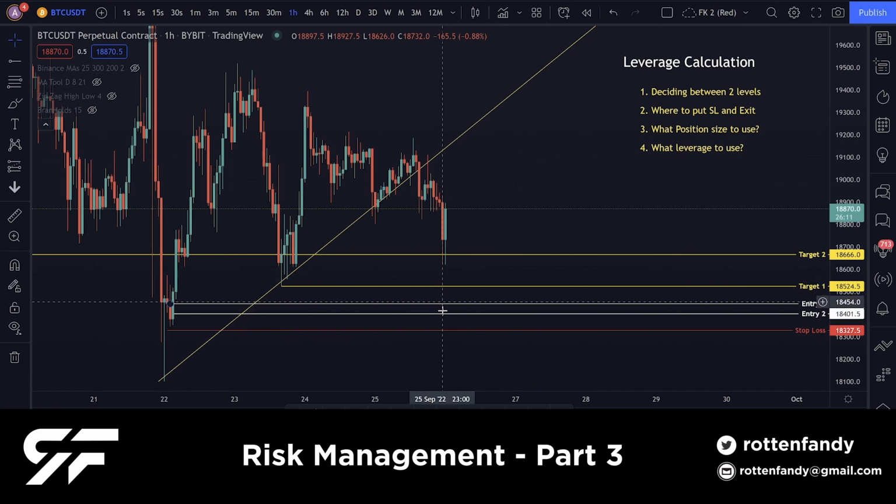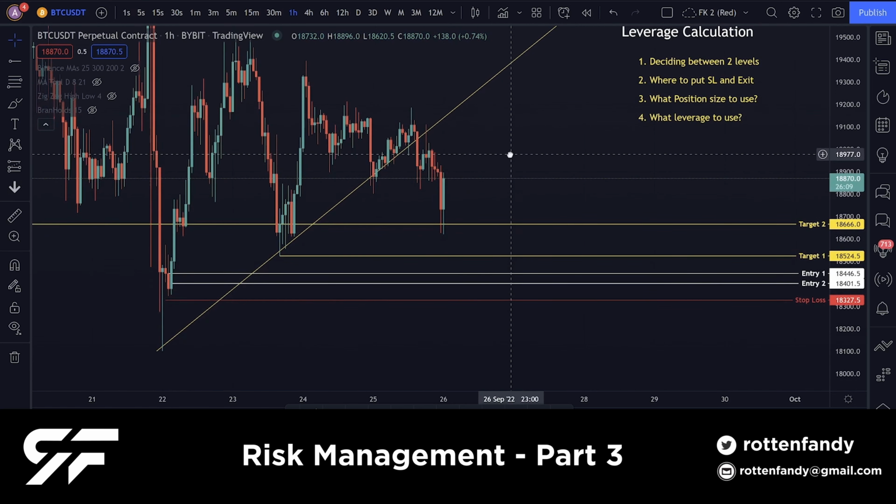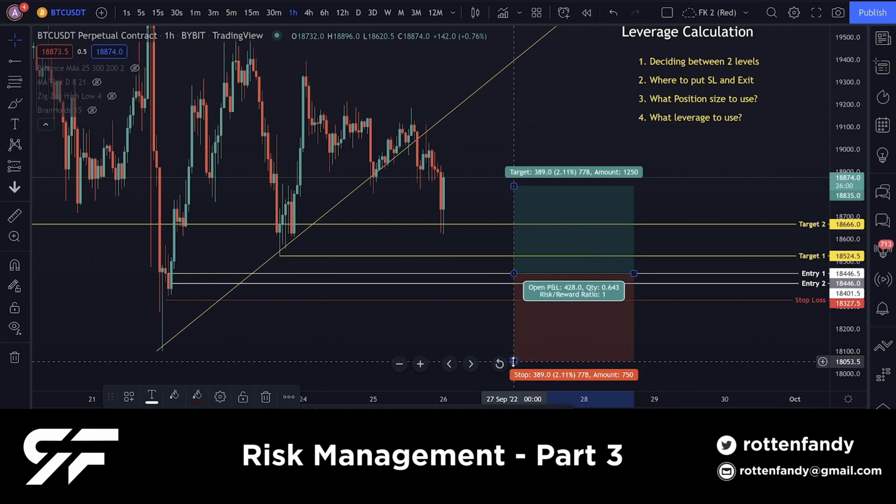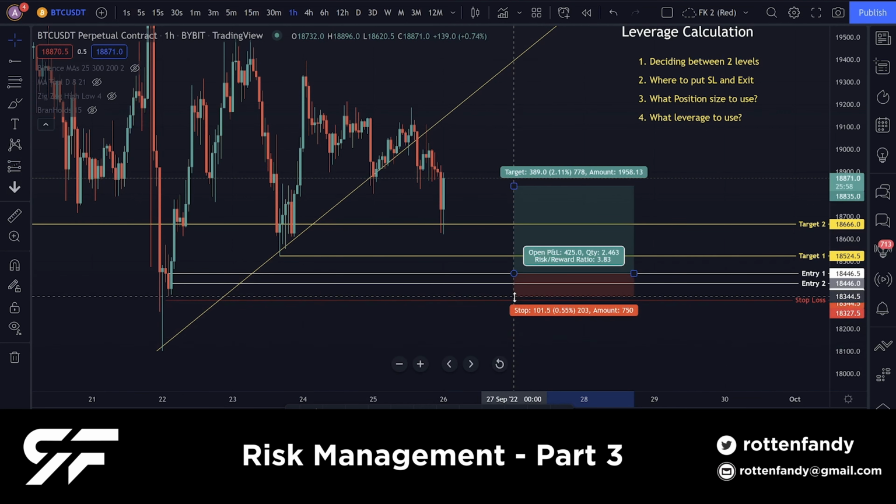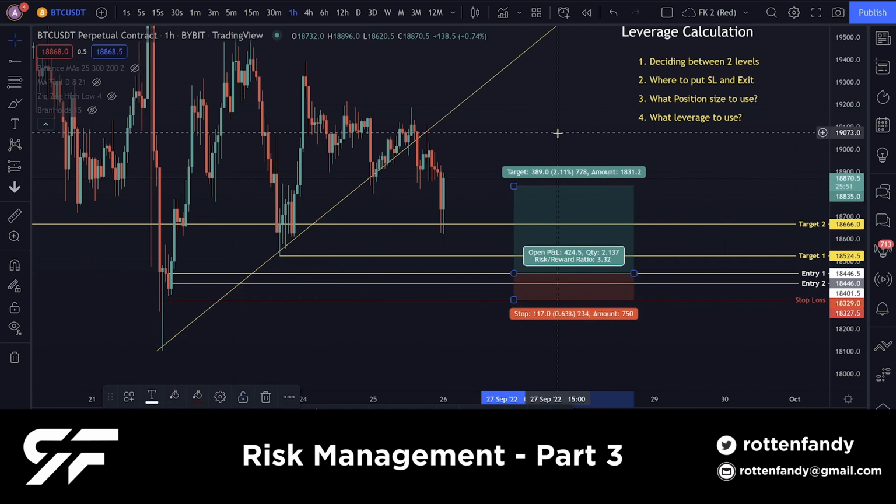Now let's take a look at these two examples over here. Using this tool, every single trade that you take should be based on what type of risk reward you're expecting out of it. You should go into the trade with a proper game plan.